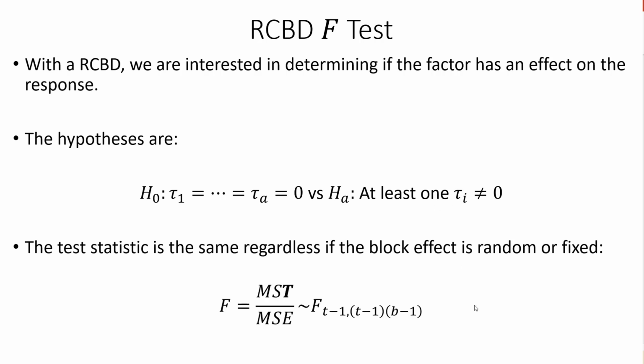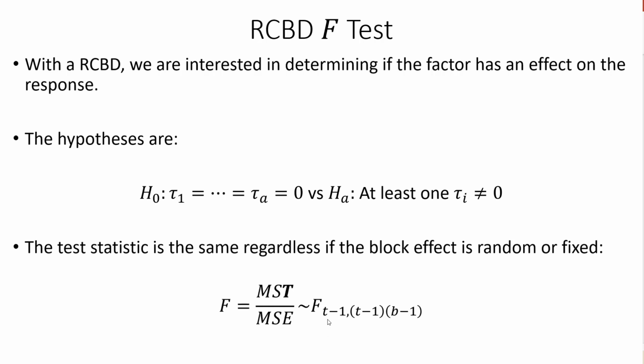In that, regardless if we treat the effect of the tree as fixed or random, it's still going to be the mean squares of the treatment divided by the mean squares of the error. We're essentially removing the variability caused by the tree. We're extracting that from these different effects, and so we're just going to be left with the treatments over the error term. And that's because each tree is measured multiple times.